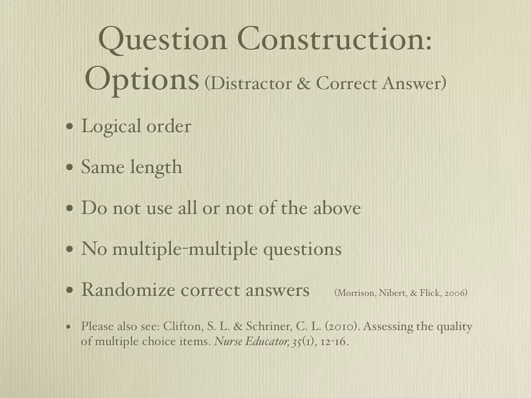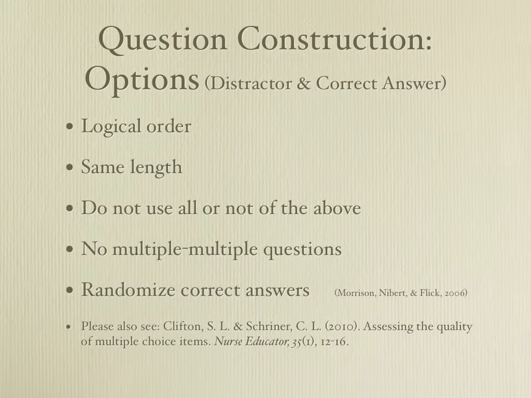Now, coming down to the options, which include the distractors and the correct answer following the stem, all distractors and options should be plausible, and they should be placed in a logical order.